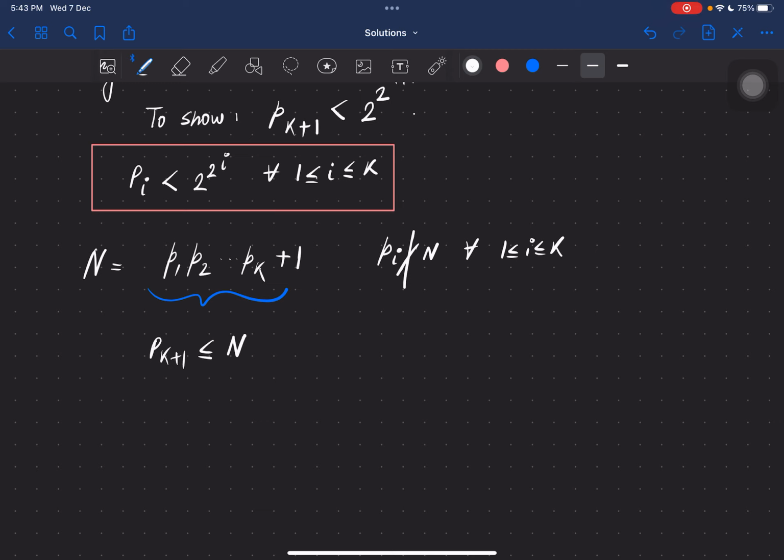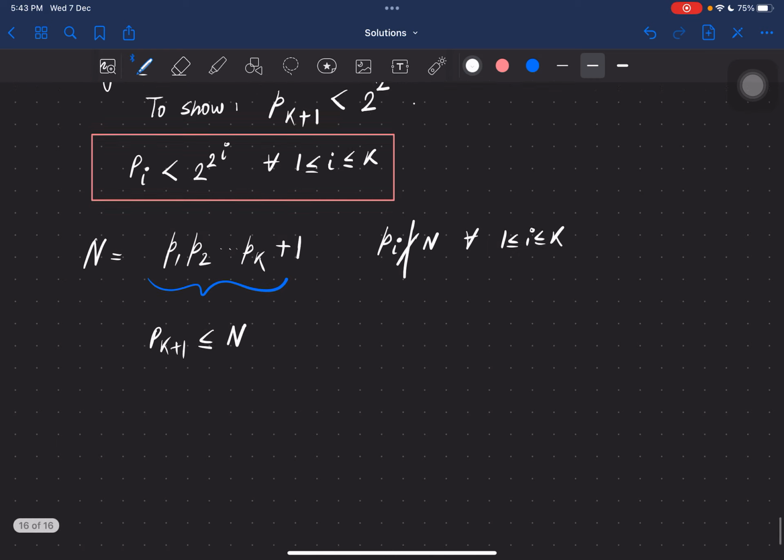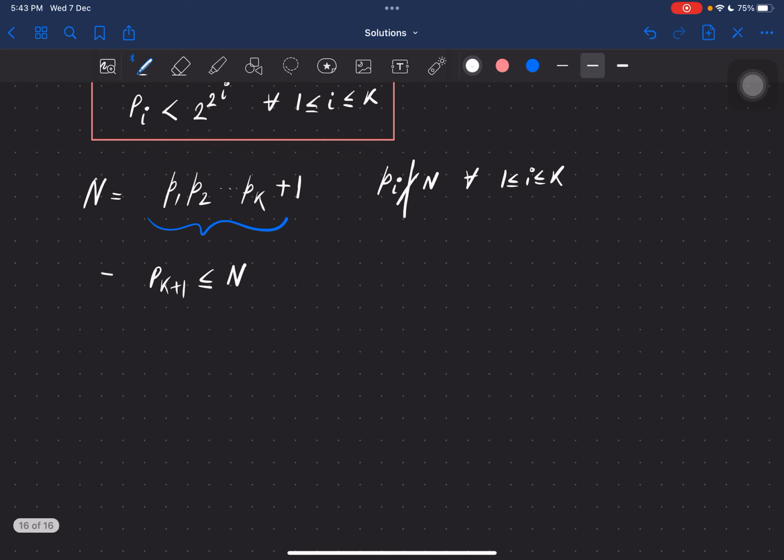If it is composite, then at least pk plus 1 or a higher prime will divide N, because N will have a prime factorization, right? So pk plus 1 is less than or equal to N, that is true.